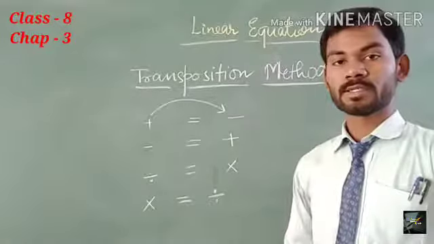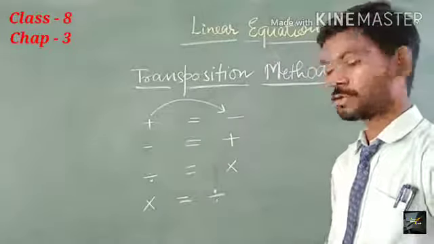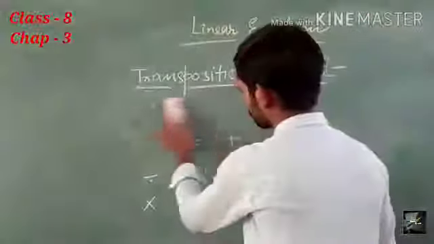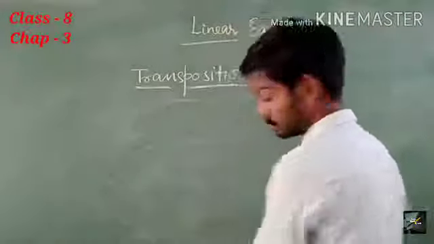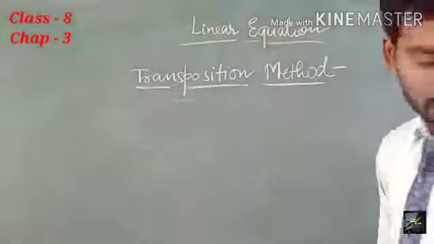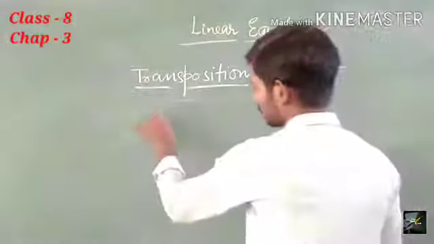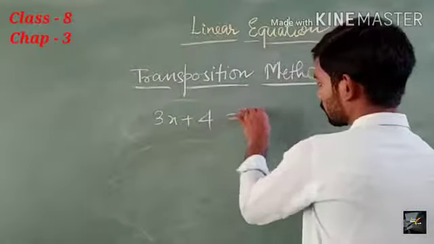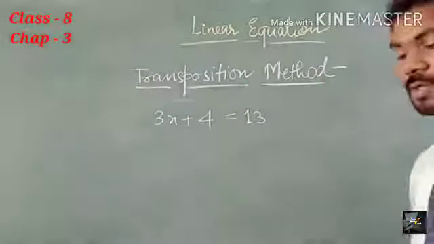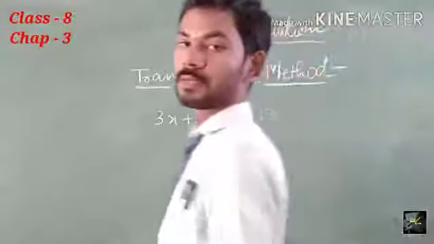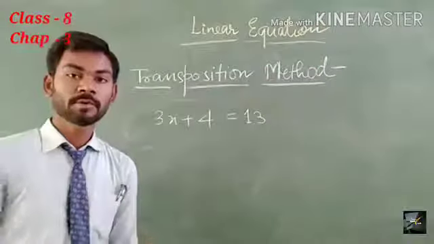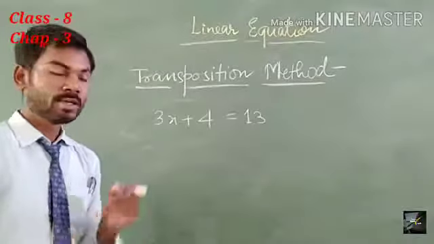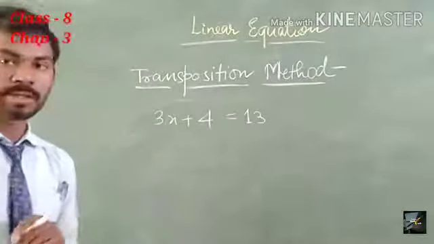So let's start with an example. Suppose the question 3x plus 4 is equal to 13 is a given linear equation, and we have to find the solution of this linear equation. We use the transposition method.